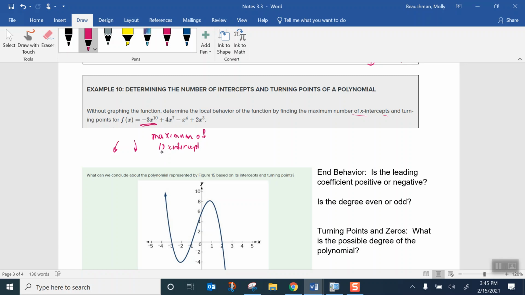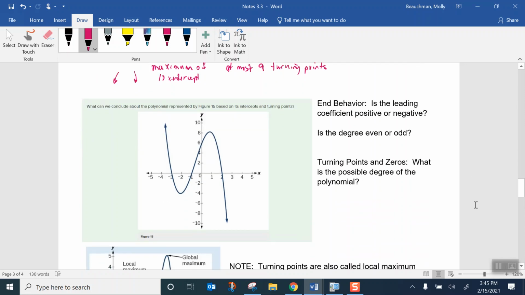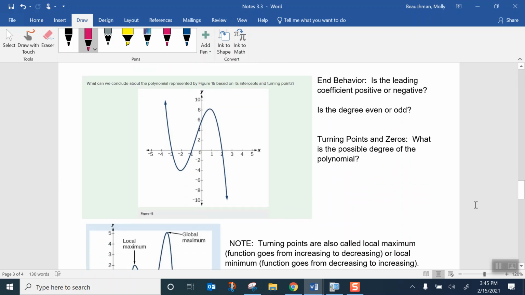So a maximum of 10. And then it has at most n minus 1, 10 minus 1, 9 turning points. So we don't know exactly what it looks like, but that's what we can tell just by looking at the equation.